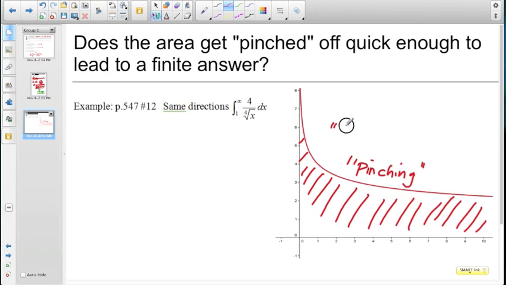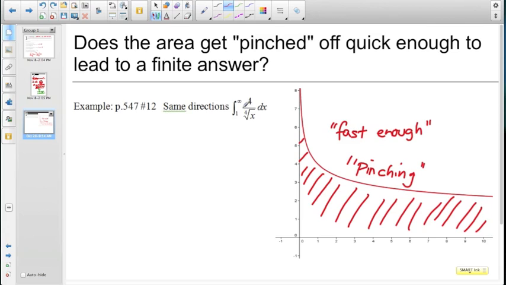And as we get into the next chapter, we're going to be able to quantify what fast enough means. But for right now, we really don't have a good feel for what fast enough is, other than if we get a finite number, it is fast enough.